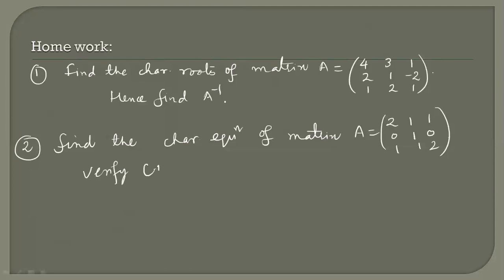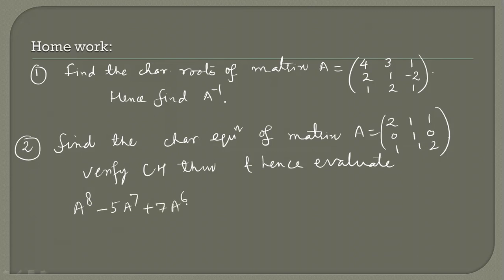Verify the Cayley-Hamilton theorem and hence evaluate A to the power 8 minus 5A to the power 7 plus 7A to the power 6 minus 3A to the power 5 plus A to the power 4 minus 5A cube plus 8A square minus 2A plus I. You can take help of the previous example. I have discussed a similar problem for a 2 cross 2 matrix.